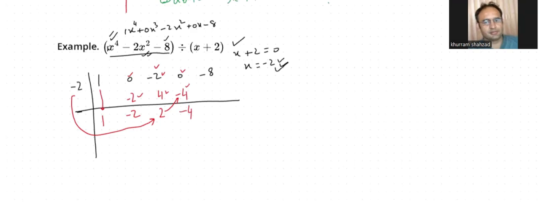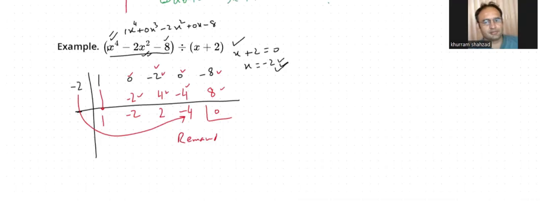Next, we will multiply this negative 2 with this negative 4, which is equal to plus 8. So now we have to add these two, which is equal to 0. So from here we can see that our remainder is actually equal to 0.